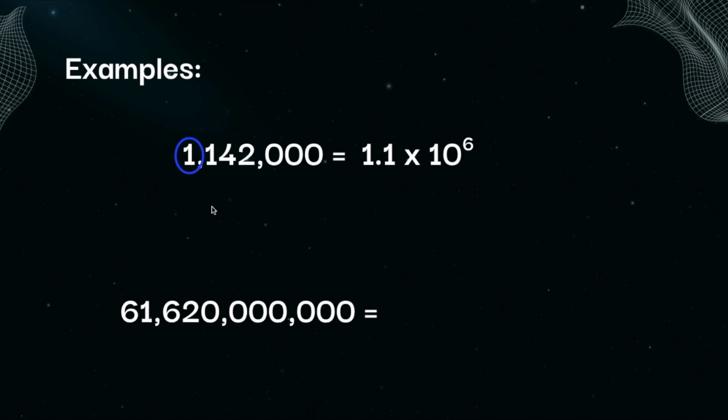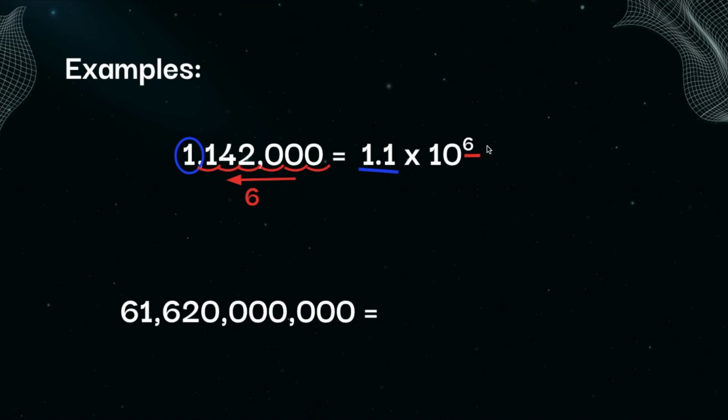In this case, it would be 1.1 if we round to two significant figures. And you can see that we moved the decimal point 1, 2, 3, 4, 5, 6 places. So it will be 10 to the 6, because we moved the decimal point to the left.